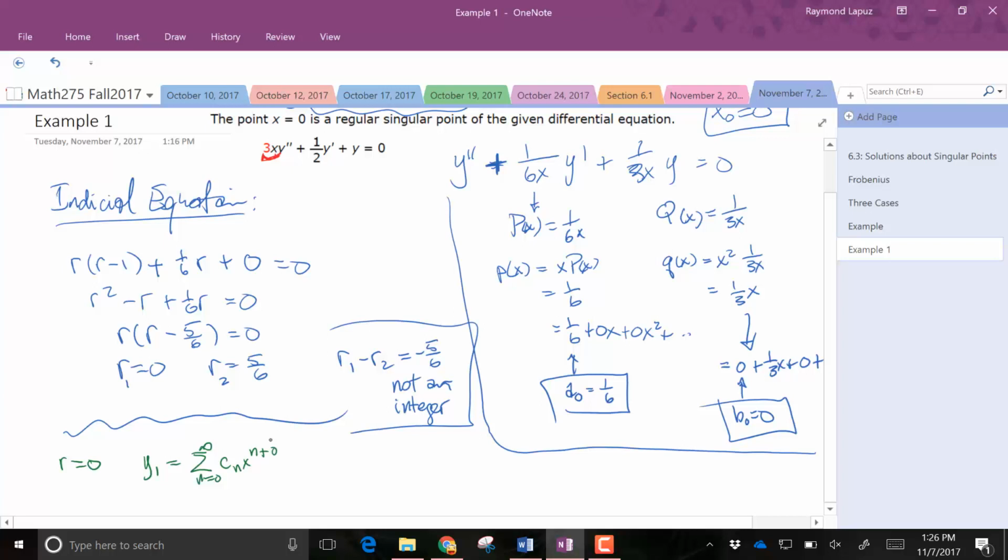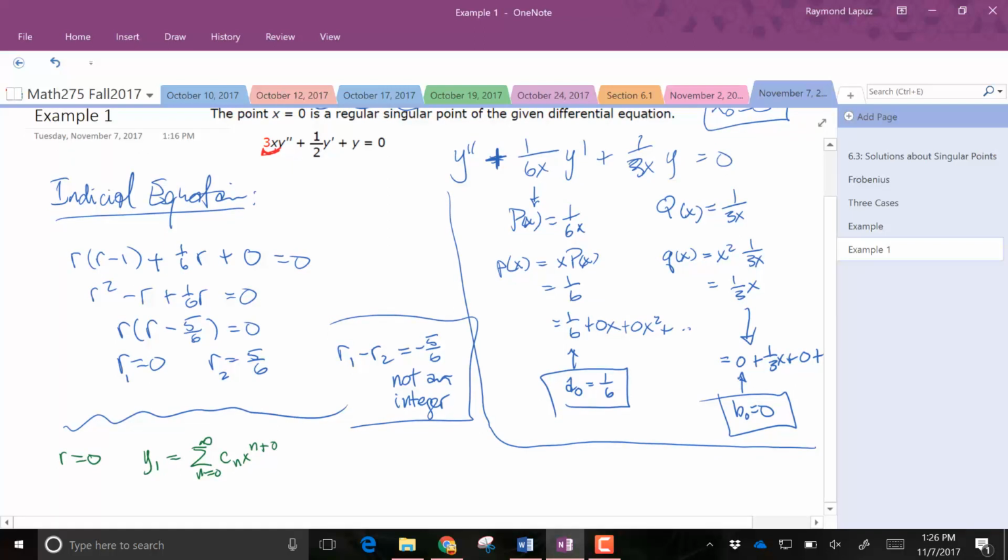This is just like a regular power series solution. We've done this at least one time, if you participated. And so let's find the solution.